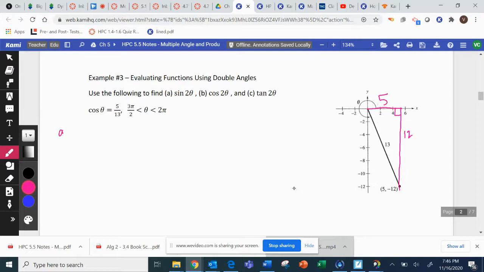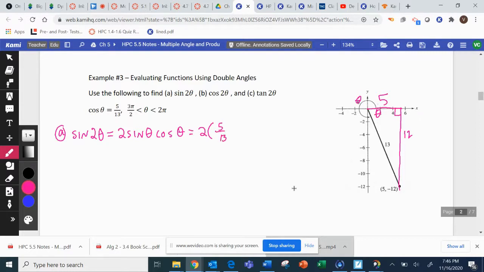So we're going to do sine 2 theta. And we're going to use the formula, which is 2 sine theta cosine theta. So that's going to give me 2. And then my sine, and here's theta, but here's my reference theta. My sine is 5/13.